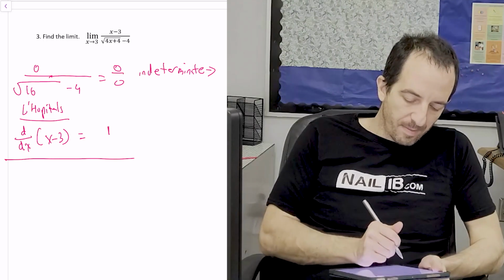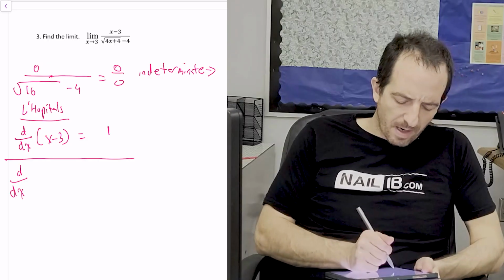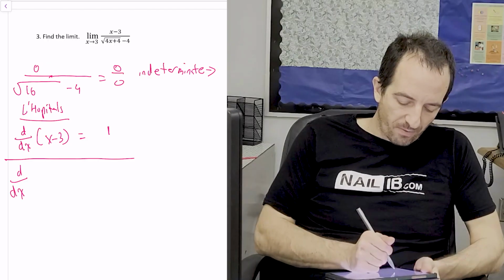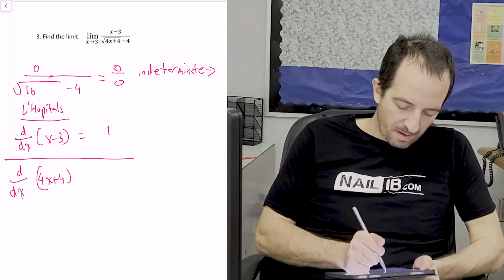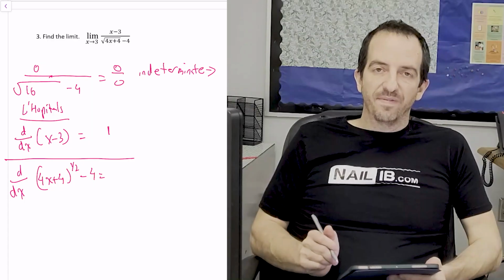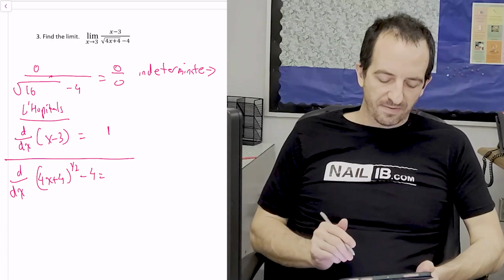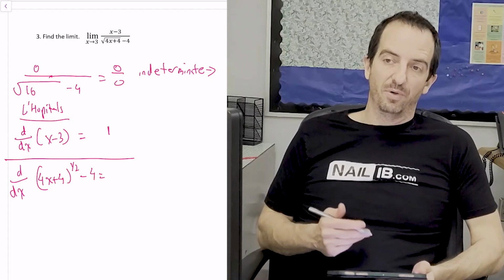I take the derivative of the bottom, dx, and I'll already start writing this in exponent radical form. So 4x plus 4 to the 1/2 power, minus 4. It's going to be a little bit easier for me to take the derivative. What is the derivative of this? Well, the derivative of negative 4 is 0.